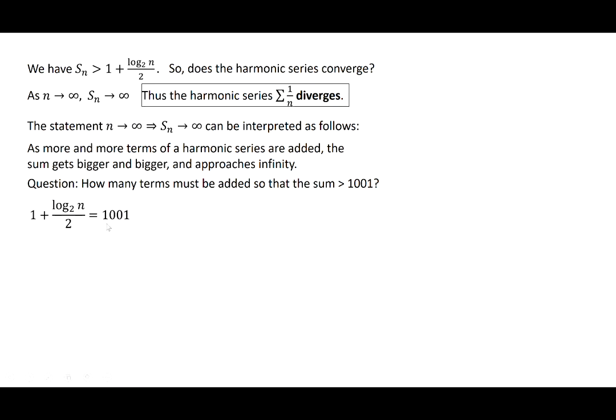Subtract 1 from both sides and then multiply both sides by 2, and n turns out to be 2 to the 2000, right? So we figured out exactly what n should be, how many terms we should add so that the sum of this harmonic series is just greater than 1001.